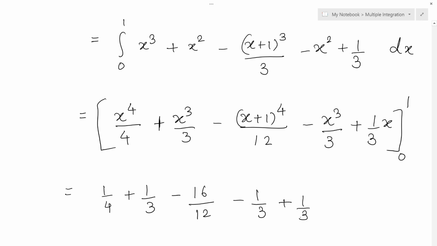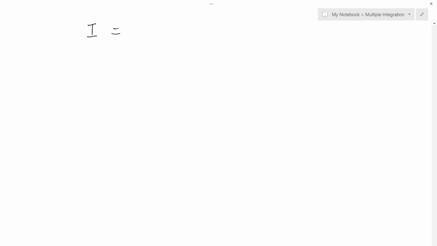Okay, so let me simplify this integration. So the final answer that I'm getting for this, after simplification, is minus 2 by 3.